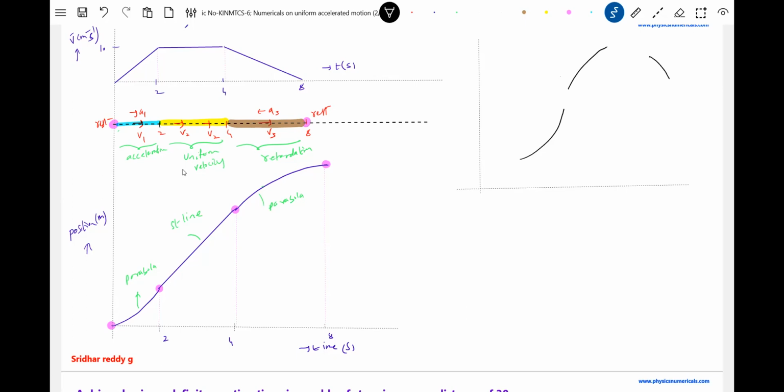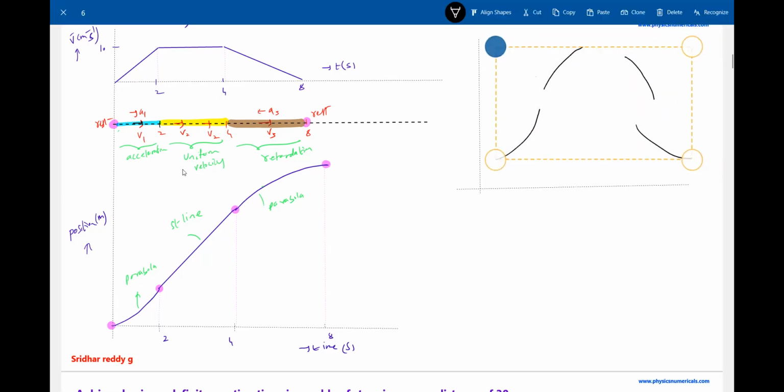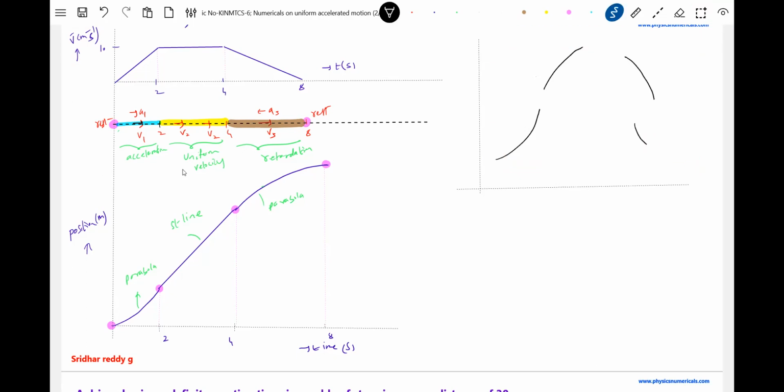So what is the meaning of these different shaped curves? I think if we have this background, it'll be very easy for us. Okay, then I'll do one thing. I'll give it from here.